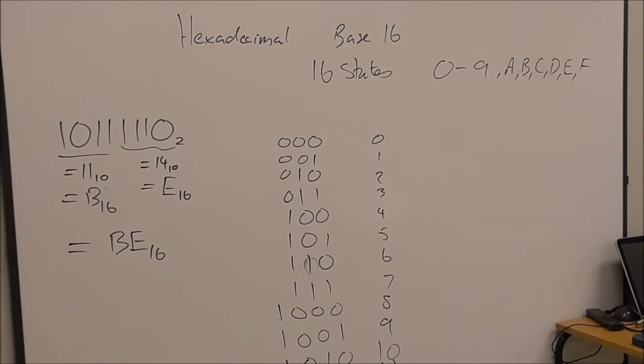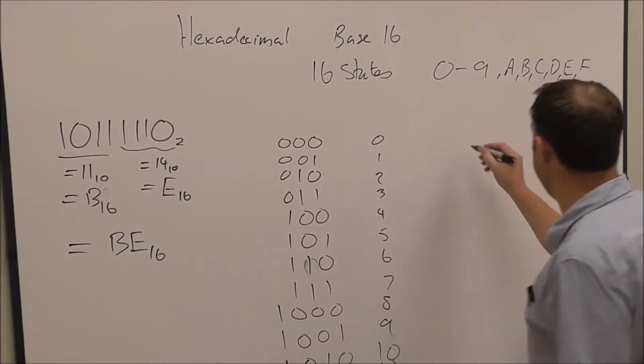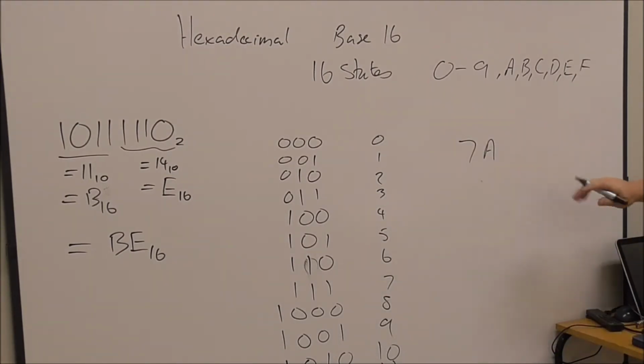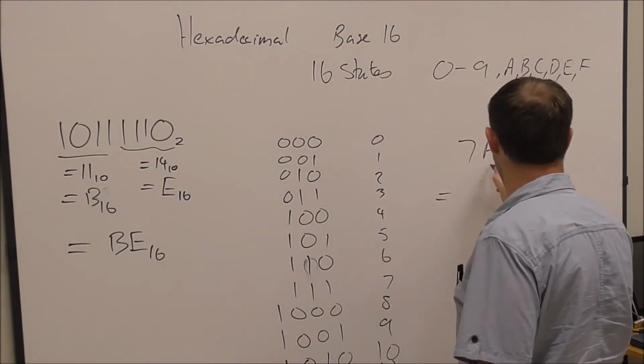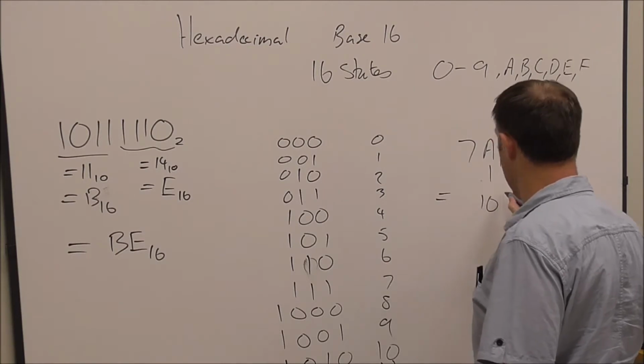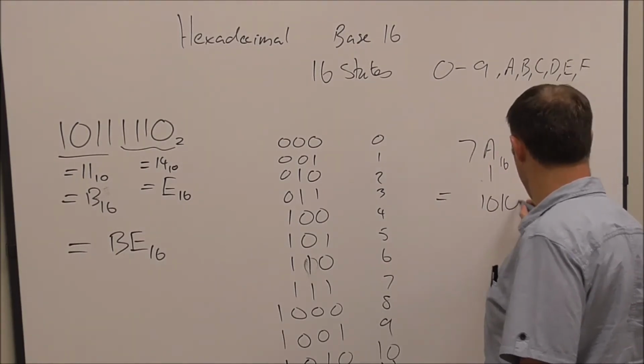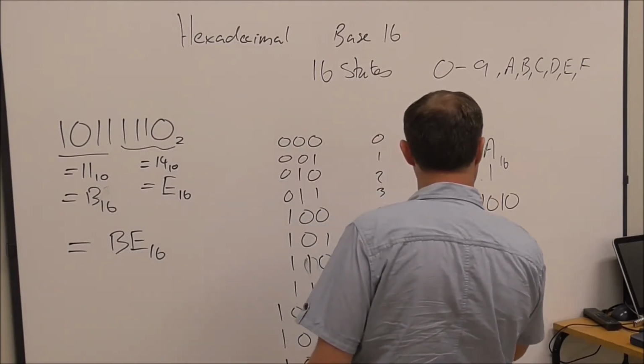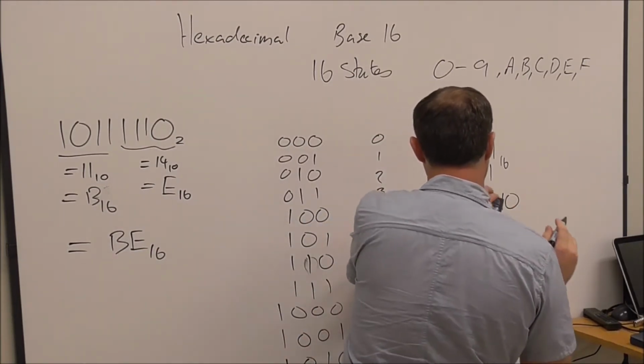Likewise, I can do the same sort of thing. I can have 7A in hexadecimal, and I can work out what it corresponds with as far as a binary string. So A is equal to 1010, and 7 equals 0111.